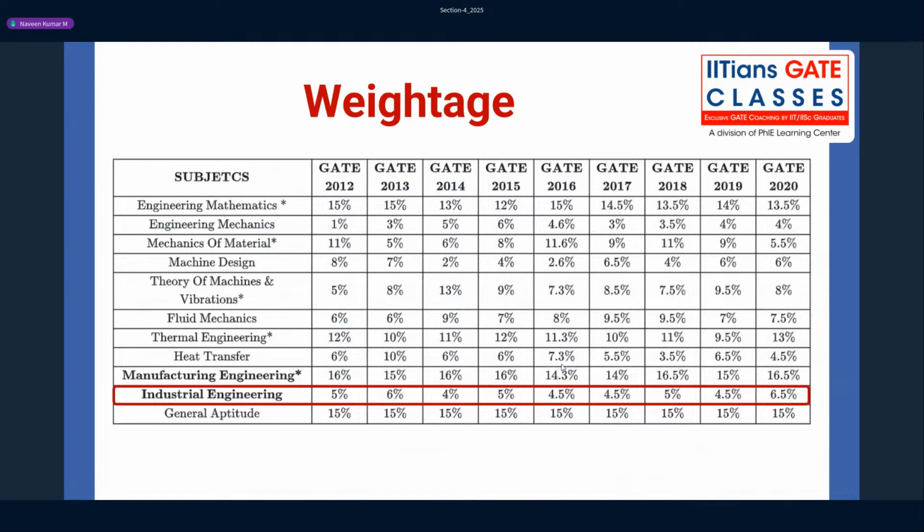It's not like fluid mechanics or engineering mechanics where you have to start from the basics and keep building upon that. The only problem here is that you have to have knowledge of mechanical engineering, electrical engineering, and mathematics. It's not high level, just some basics. That's it.